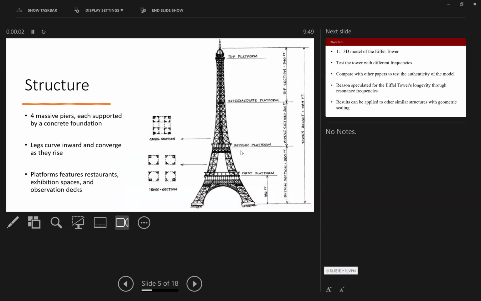The Eiffel Tower can be divided into three parts. The first part has four massive pillars, each supported by a concrete foundation. The second part also has four legs that incline inward and converge as they rise. And the third part has platforms, featuring a restaurant and exhibition space without any load-bearing structure.